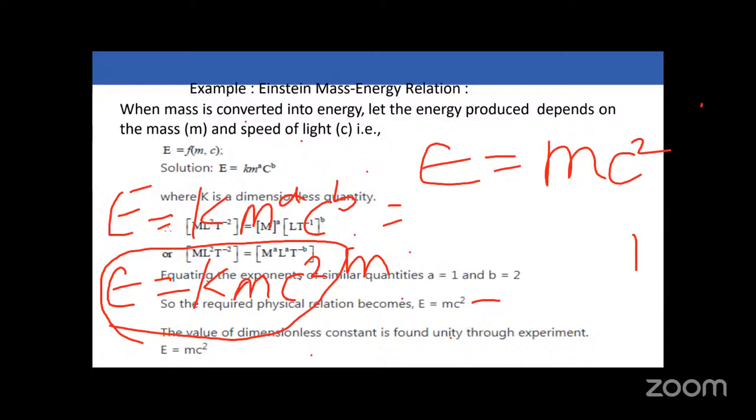So that is how to derive an equation from the relationship between physical quantities, from parameters, by application of dimensional analysis.